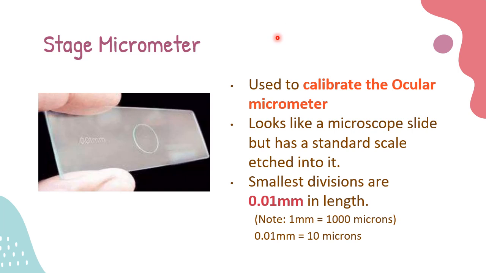Its smallest divisions, or one small line of the scale of the stage micrometer, are equal to 0.01 millimeters in length. From these standard measurements, we can derive the absolute value of the ocular micrometer. We just have to do a simple solving. I'll show you how to solve this later. Remember this: 0.01 millimeters per small division of the scale of the stage micrometer.